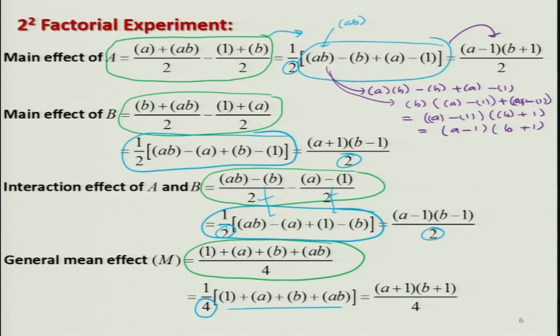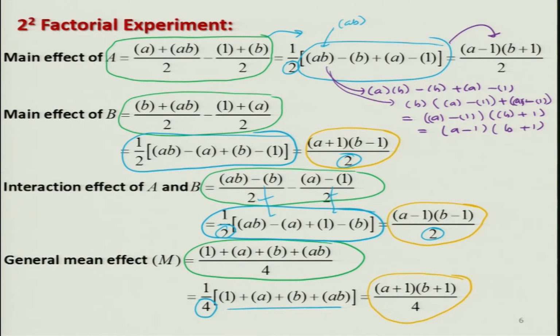Similarly, you can obtain the main effect of b as a plus 1 into b minus 1 divided by 2. The interaction effect between a and b is a minus 1 into b minus 1 divided by 2, and the general mean effect is a plus 1 into b plus 1 divided by 4.